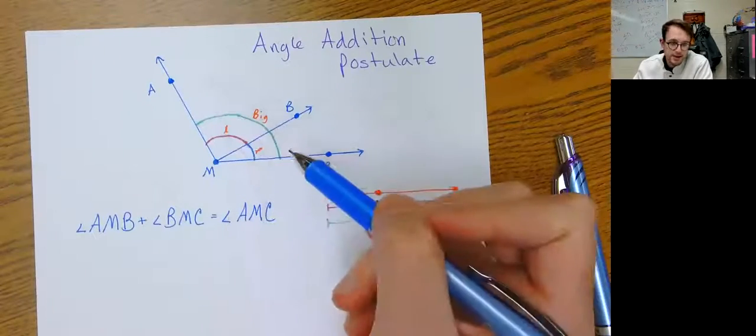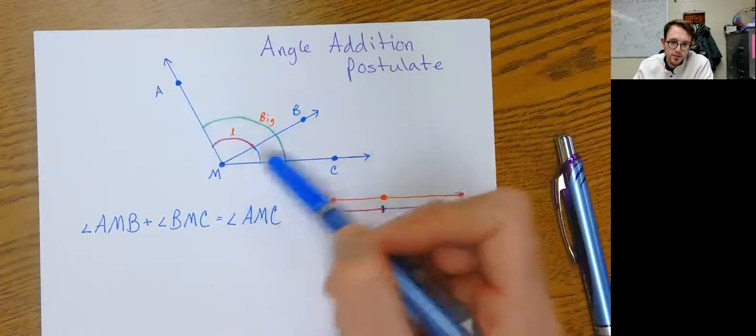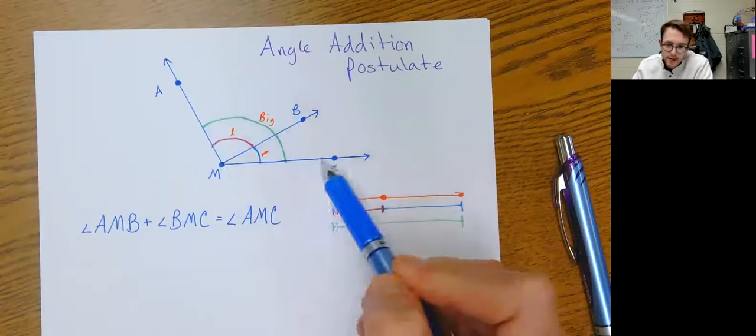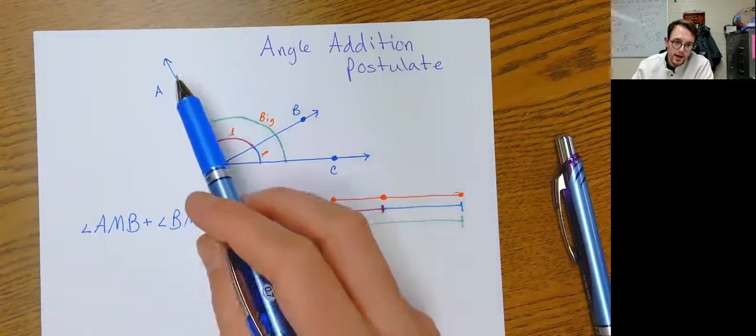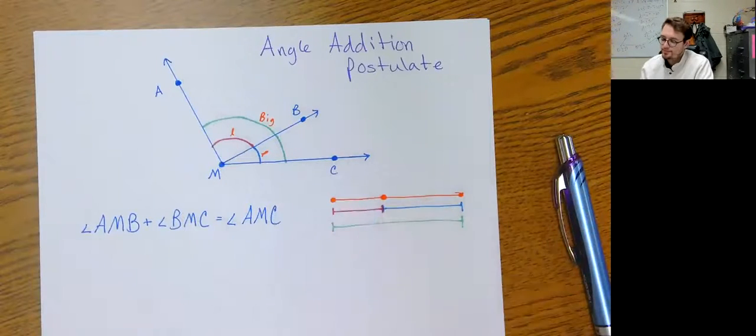When you're naming angles, you're just connecting the dots, right? You go AMB and then BMC, and then for the big one, you go AMC.